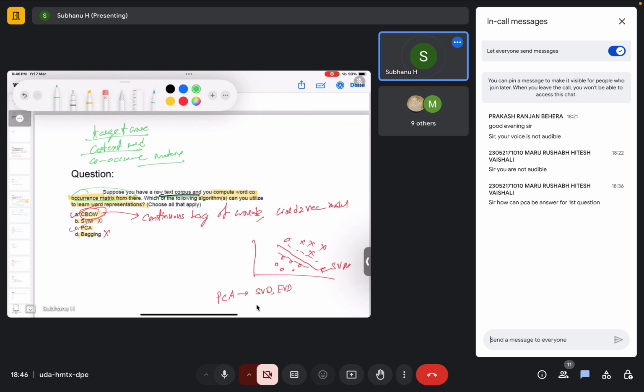What does it mean? Count the number of times the target word co-occurs with the context word.